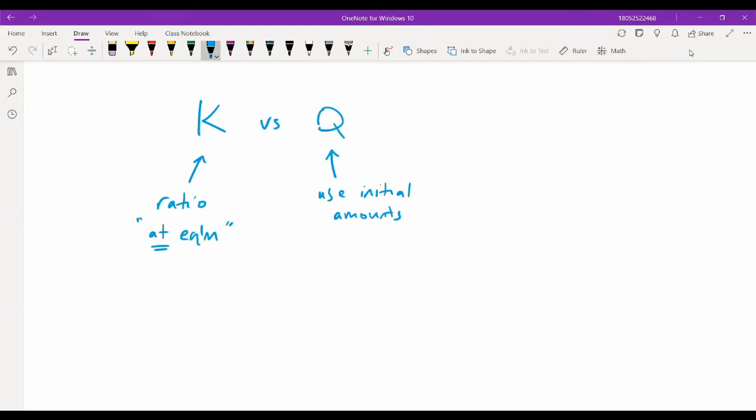So what you generally do with Q is predict whether it's at equilibrium or not, and if not, which direction it will shift. This basically predicts a shift in the reaction, which will be more important when we get to ICE tables.